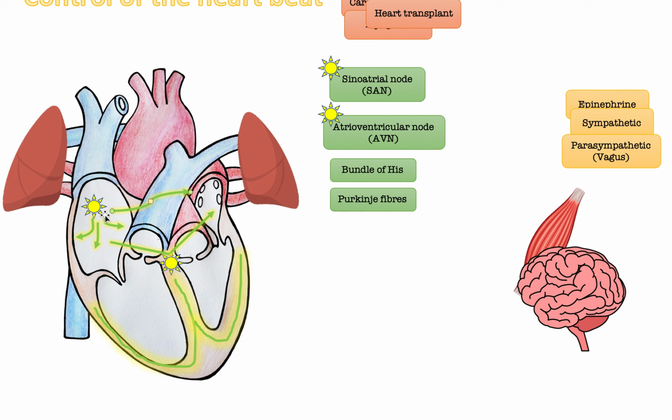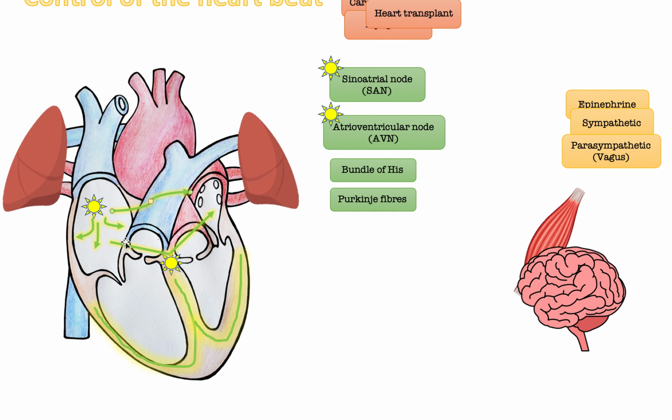When this signal is being sent from the SA node to the right and the left atrium, they get stimulated. And as soon as this signal reaches here, which is the pathway to the ventricles, this AV node slows down the signal.